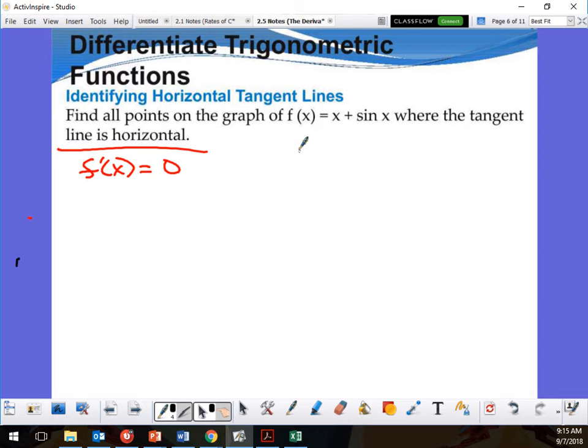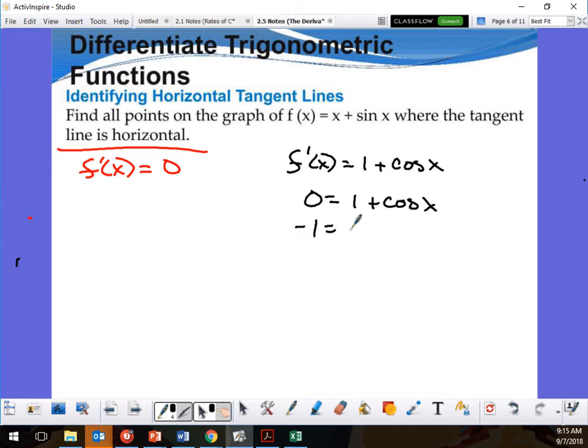So f prime of x is going to give me 1 plus cosine of x, right? So there's the derivative. Now, since we're going to set it equal to 0, I'm going to replace the f prime of x with 0 equals 1 plus cosine of x. So minus 1 equals cosine of x.